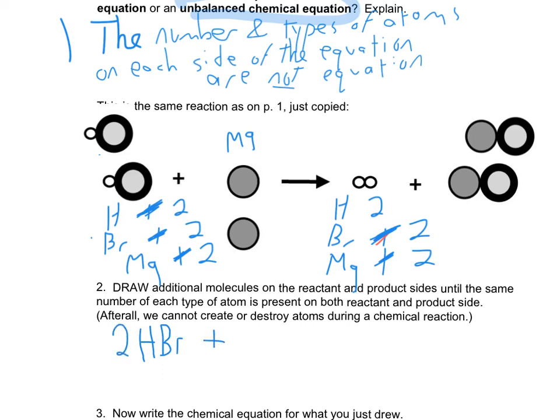And then we have magnesium atoms there, Mg. But we have 2 of them. That yields a single H2 molecule plus the magnesium bromide, and we've got 2 of them. So that's our balanced chemical equation.